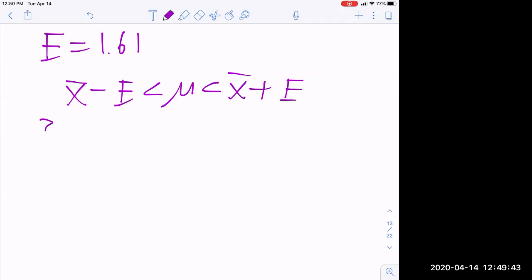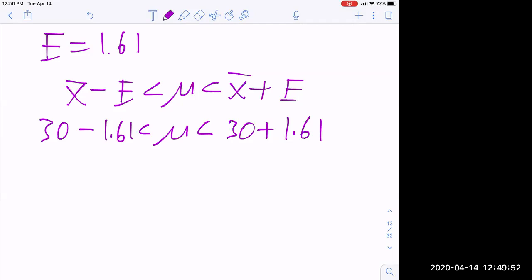So I've got 30 subtract 1.61. I get around 28.4. It's less than mu. It's less than 31.6. And that's hectograms or hundreds of grams.